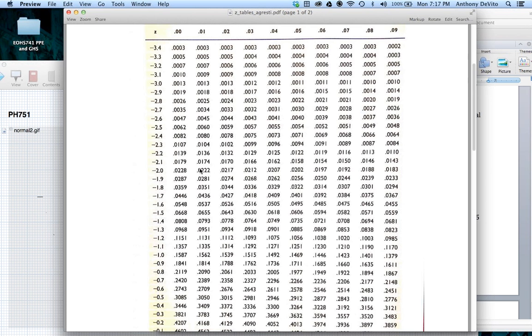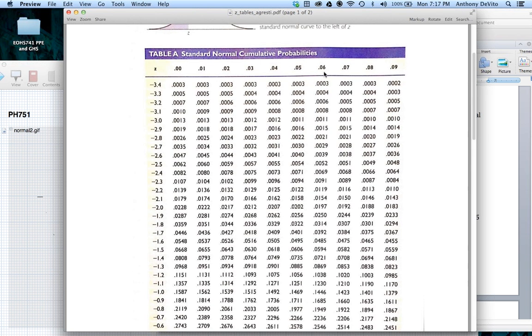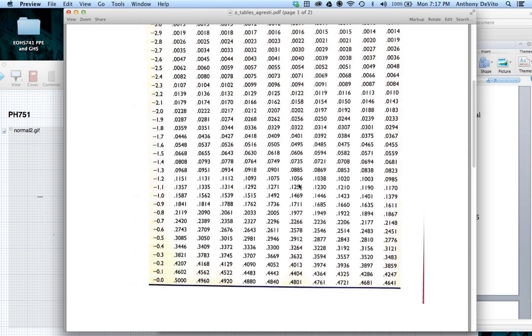Well, I've got to look in the areas here, and let's look where the area is 0.025. Here it is right here. Right? So what is that value? That value is -1.96. Okay, let's look at the high end where the area below that point would be 97.5%, leaving 2.5% out on the end.